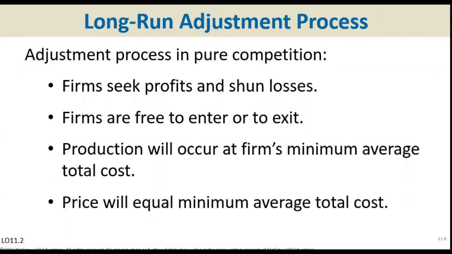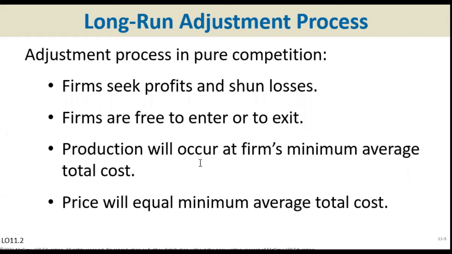And as supply falls, the product price will rise, until the economic losses are eliminated, and the price gets back to be equal to the minimum of the average total cost, right?